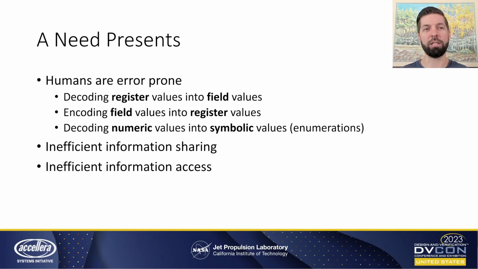And then over time, I looked at other instances where we have inefficiencies, right? So inefficient information sharing. Sharing design spec information with someone, we have to either email them a document, or ideally send them a link to a document, and then make sure that everyone is looking at the same version of the spec, and then looking at the same section of the document, right?